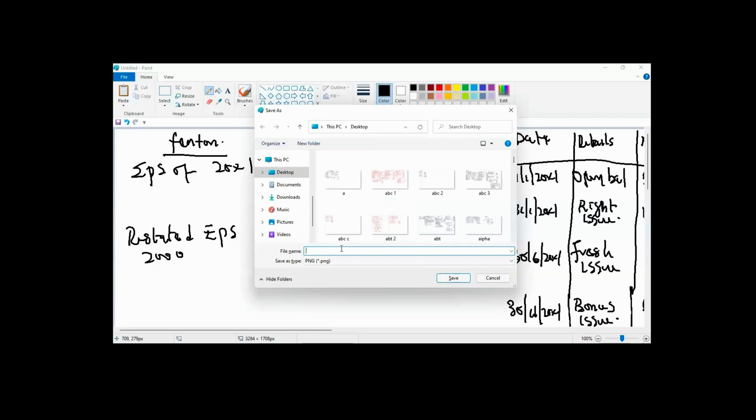Should we shift it to Sunday, or should we just have Tuesday and Sunday? Tuesday and Sunday.